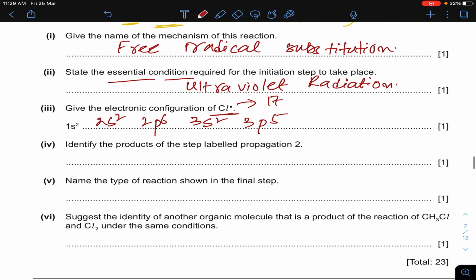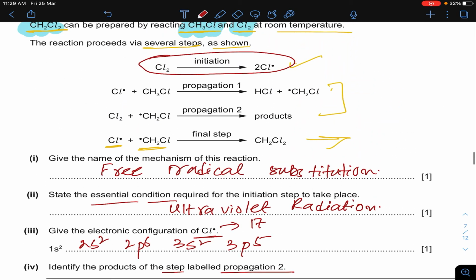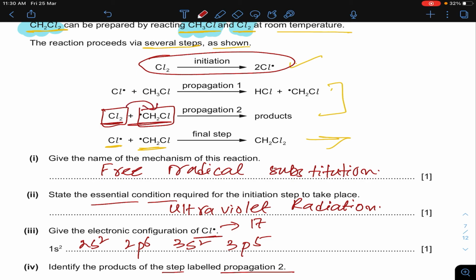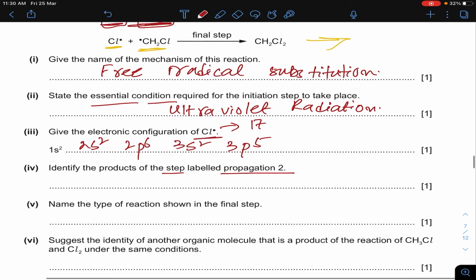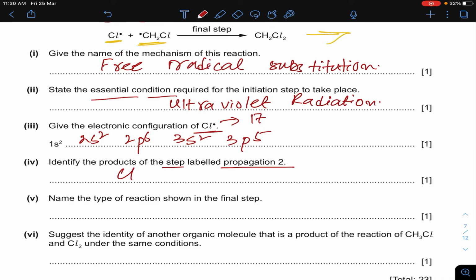Identify the products of the step labeled propagation 2. In propagation 2, we have a chloromethyl radical which is reacting with chlorine. This chloromethyl radical will break the chlorine molecule homolytically, and one of the chlorines will be attached to the chloromethyl radical, and we get CH2Cl2.